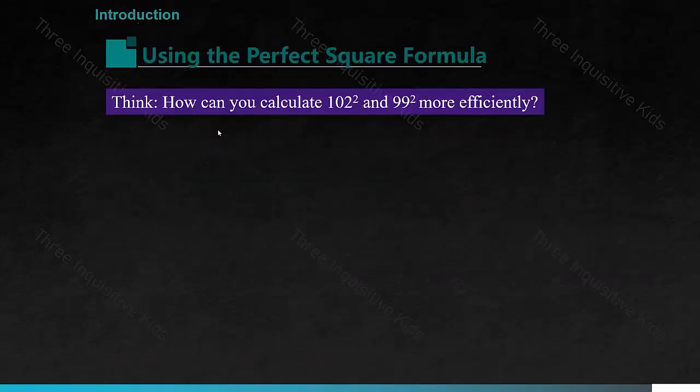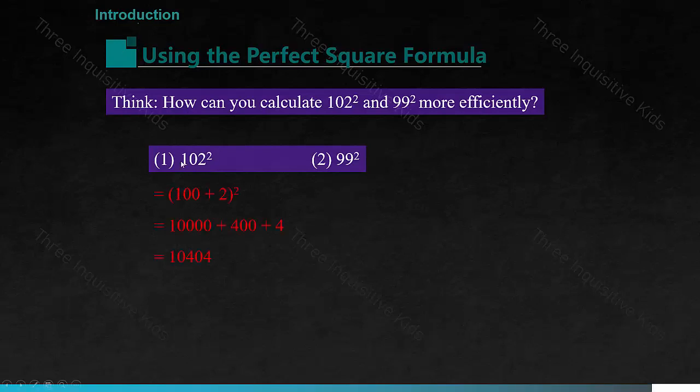How can you calculate 102 squared and 99 squared more efficiently? Think about using the perfect square formula. We know that 102 squared is the same thing as 100 plus 2 squared. So when we apply the perfect square formula to it, we get 10,000 plus 400 plus 4. And that's very easy to add together. We get 10,404.